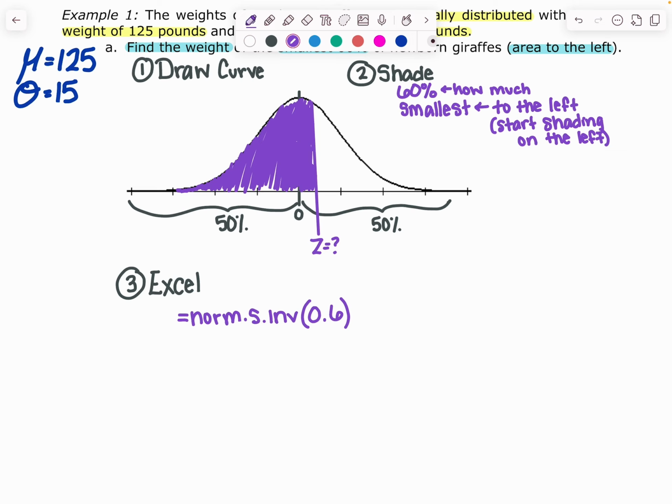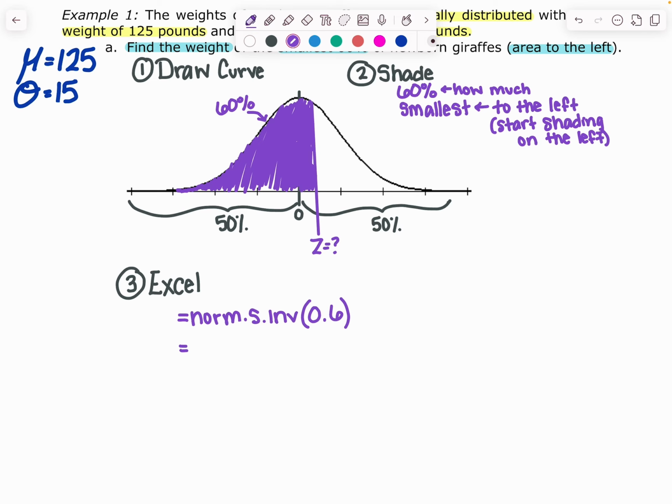So the area to the left of my unknown z-score is 60%. That's what we shaded. Excel cannot work with percentages, so I have to put it in as a decimal.